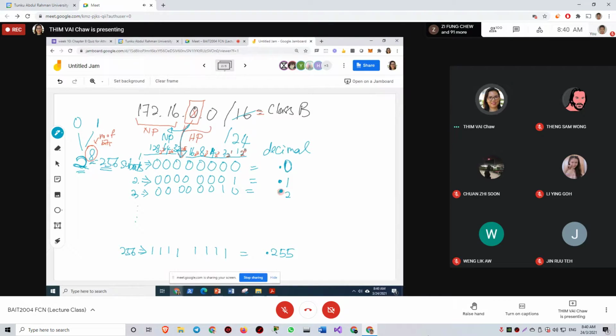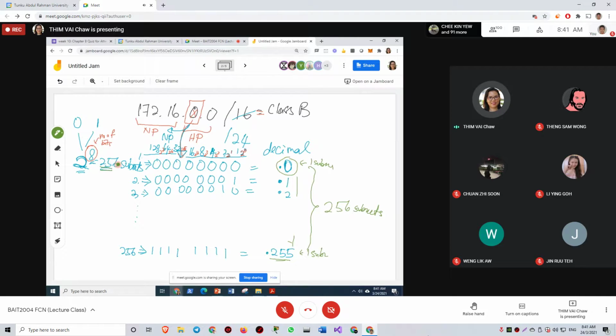So from this particular 0, dot 0 is one subnet, and until dot 255, this is another subnet. So the total subnets from dot 0 to dot 255, you have 256 subnets. This is the reason why we use 2 powered by 8. We say that we have 256 subnets.